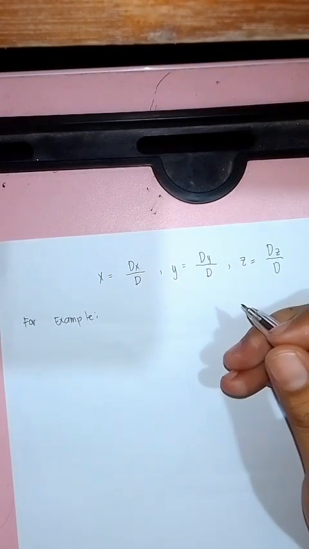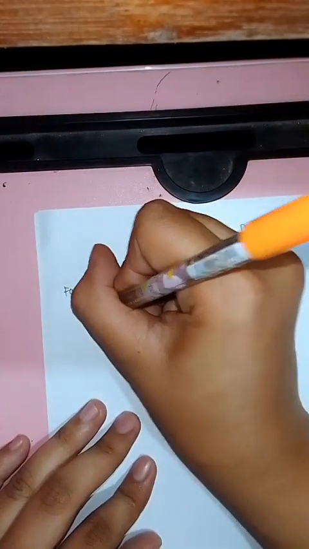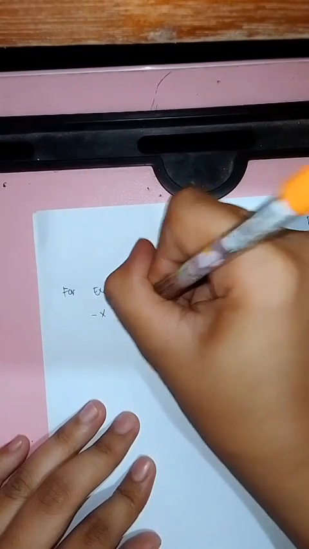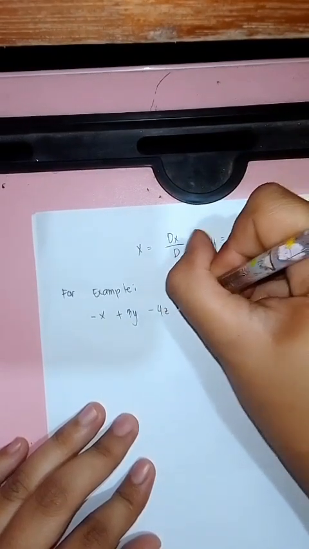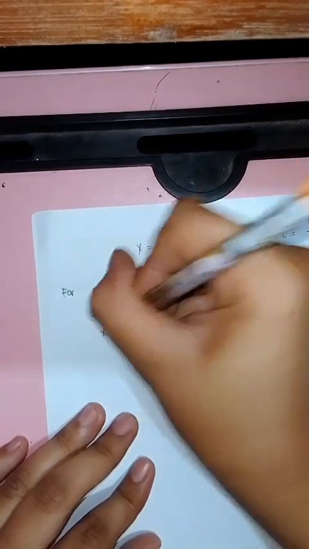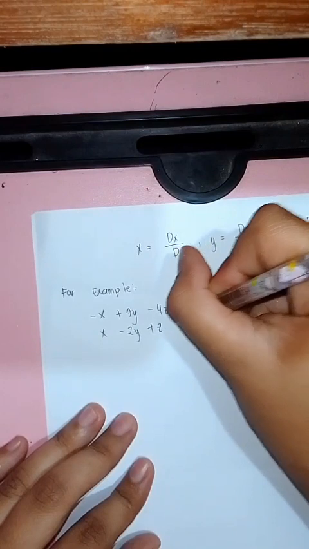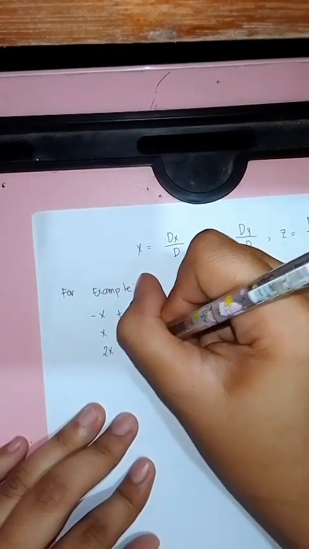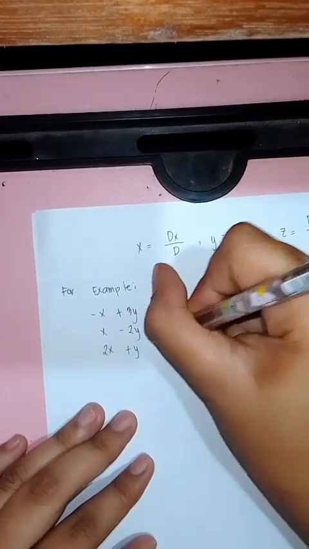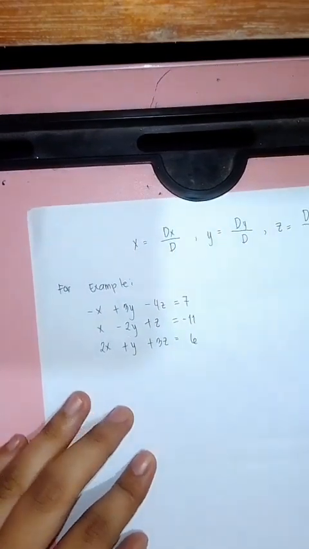So for example, we have here the equations negative x plus 3y minus 4z is equal to 7, x minus 2y plus z is equal to negative 11, 2x plus y plus 3z is equal to 6.